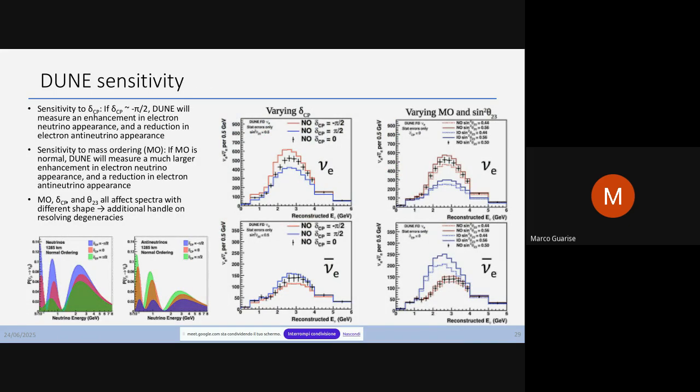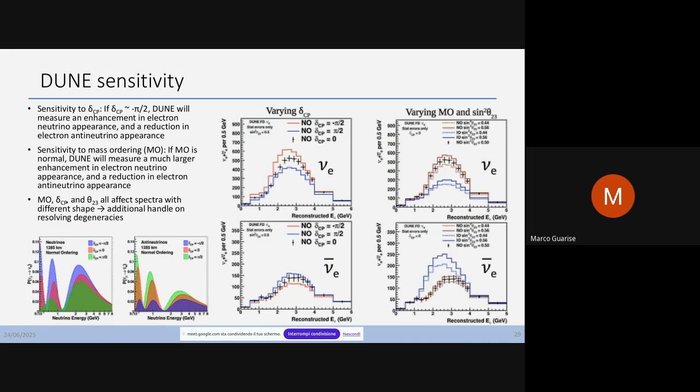So let's see something about the expected sensitivity of DUNE related to the 2 most interesting quantities we would like to measure, which are delta CP, so the charge parity violation phase, and the mass ordering of neutrinos.